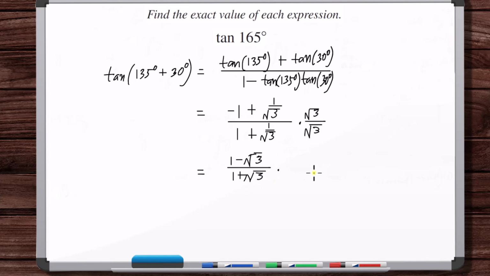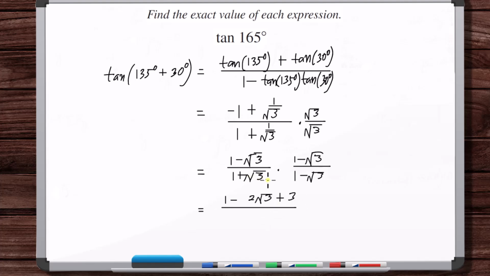And I guess we could rationalize this by multiplying by 1 in the form of 1 minus root 3 over 1 minus root 3. And we get 1 minus root 3, so that's minus 2 root 3, and then minus root 3 times minus root 3 is plus 3.